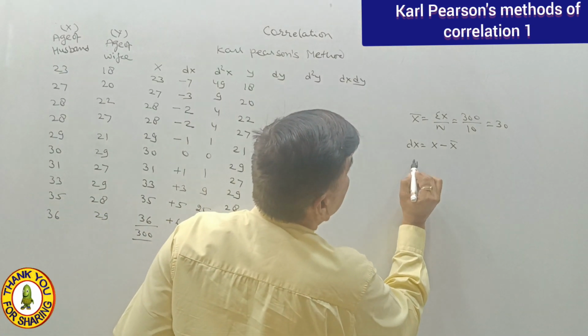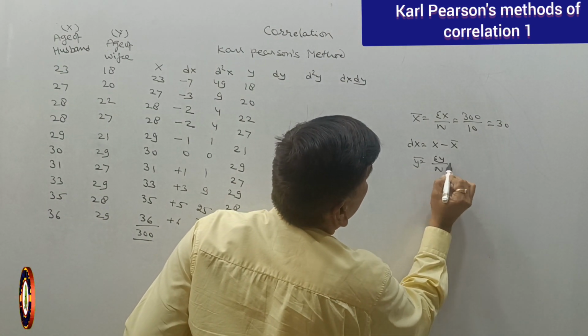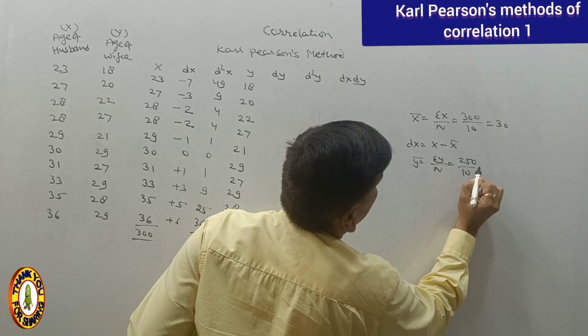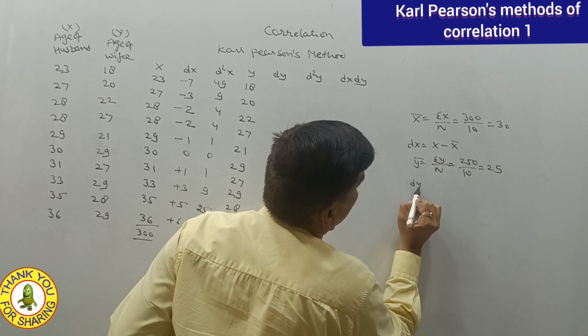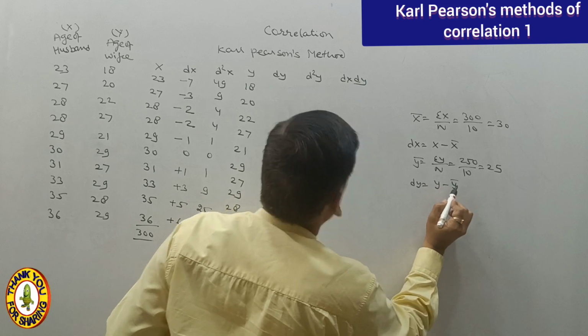So y bar is equal to sigma y divided by n, that is 250 divided by 10, that is 25. So dy is equal to y minus y bar.